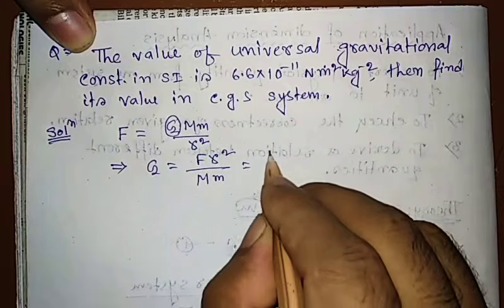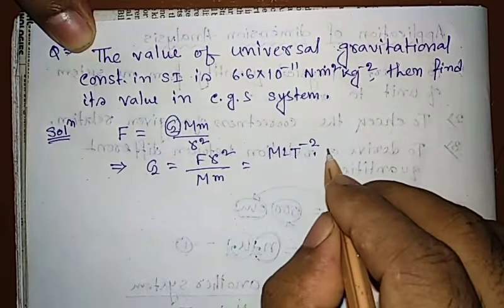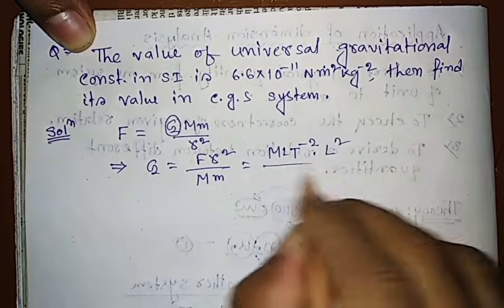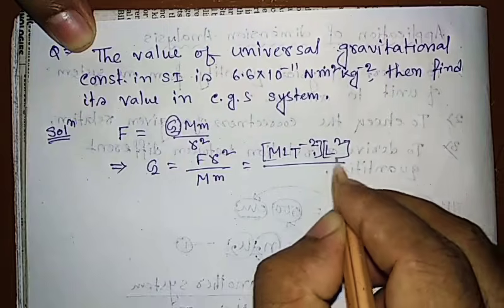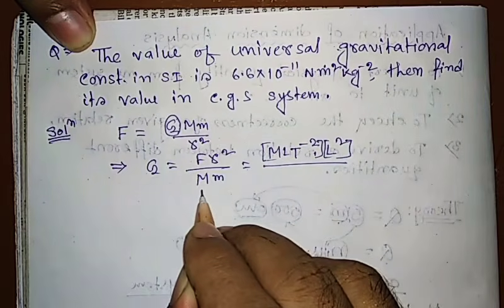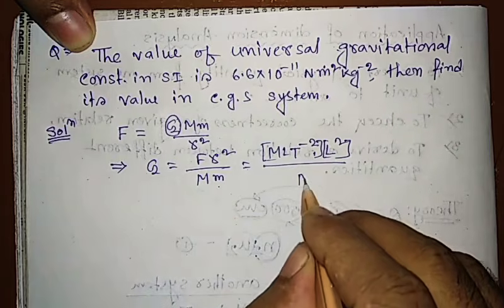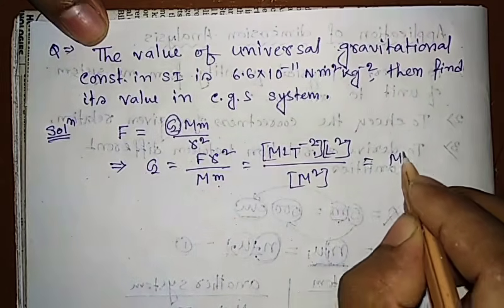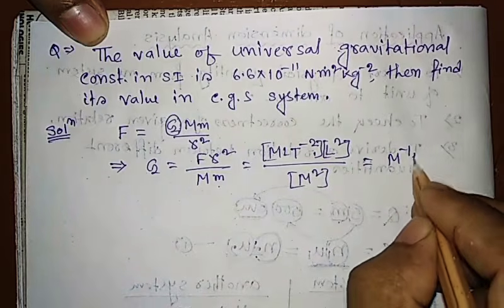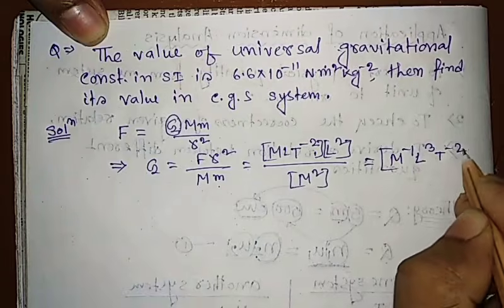This is force, M L T to the power minus 2. This is R, L square, divided by M into m. This is mass, and this small m also mass. So mass square, M square. So it is M inverse L cube T to the power minus 2.